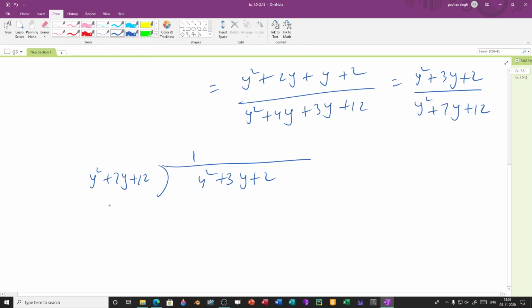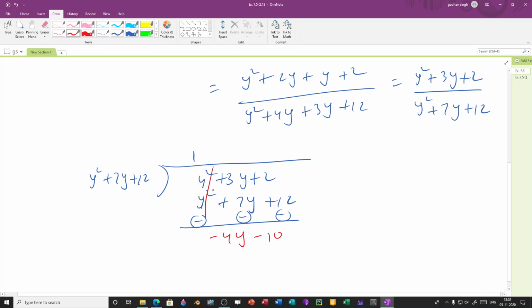So this will be y square plus 7y plus 12, and we'll do the subtraction. So minus, minus and minus, and these two will cancel out because they are of opposite sign. 3y minus 7y gives minus 4y, 2 minus 12 gives minus 10, and with this the division is complete.